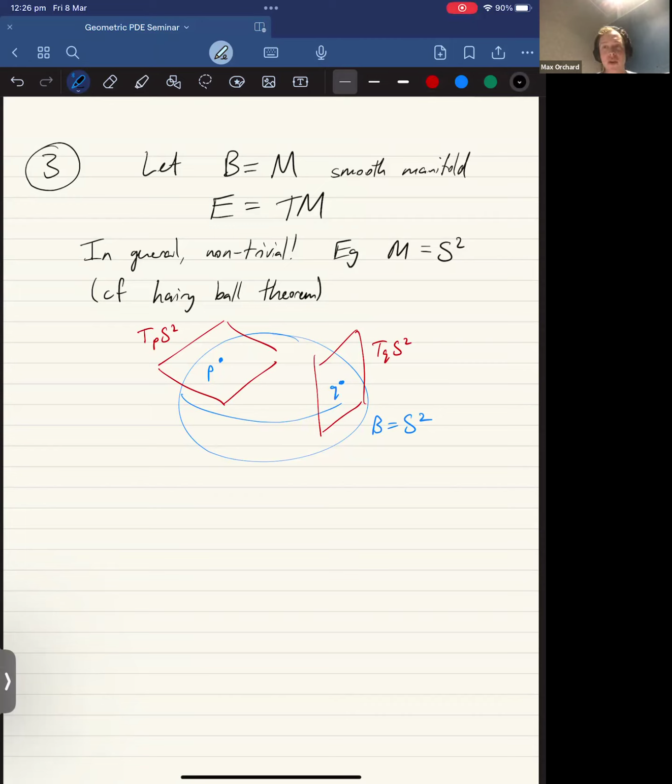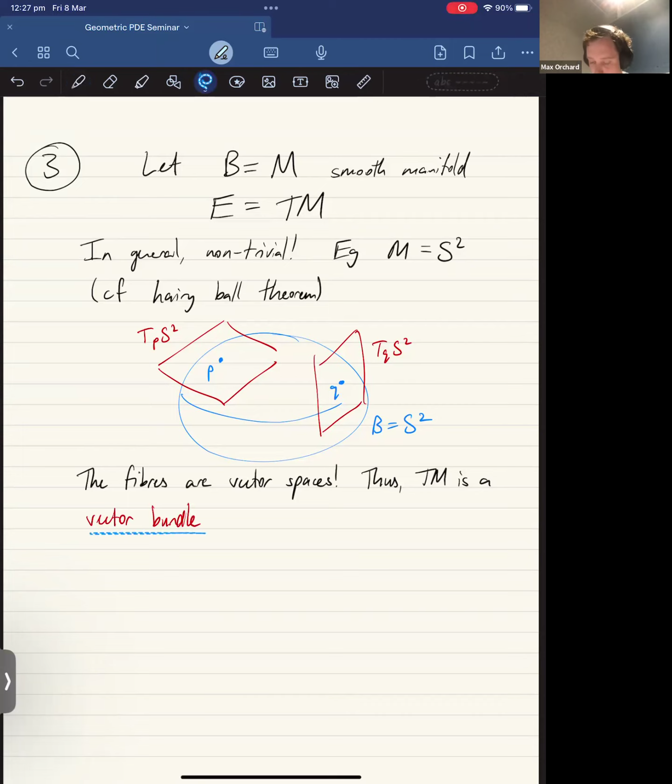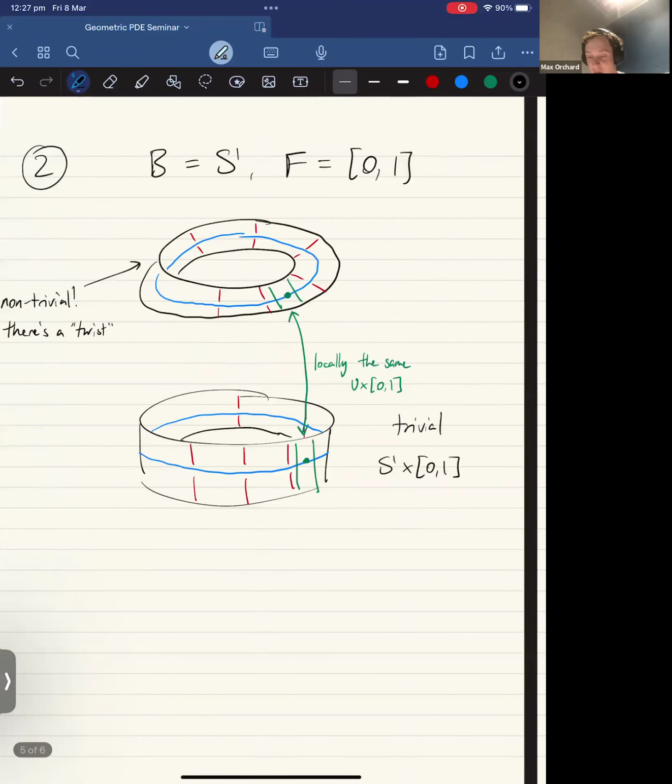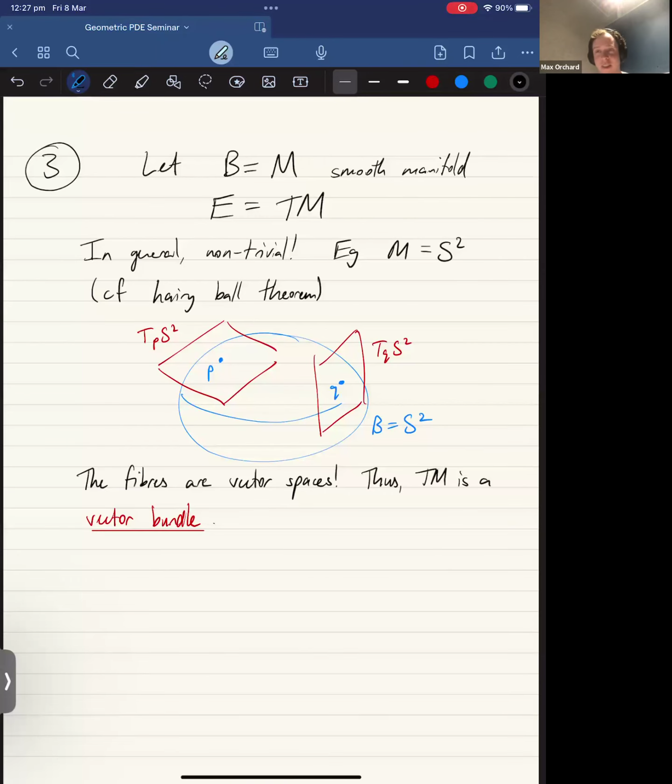And such a fiber bundle where all the fibers are vector spaces is called a vector bundle. I think circle and sphere bundles usually refer to the fiber rather than the base. That could be possible considering vector bundles are when the fibers are vector spaces.